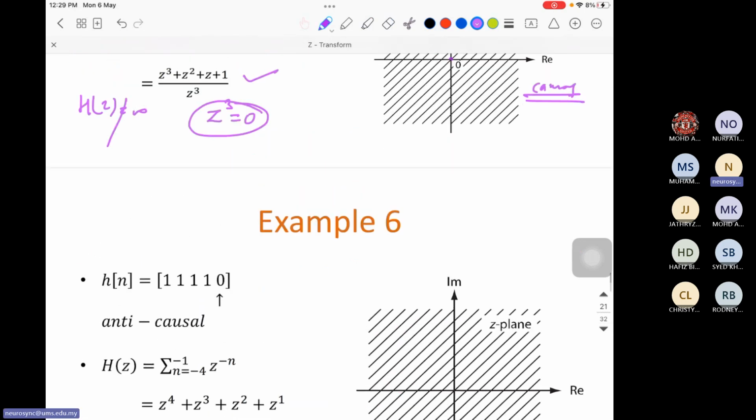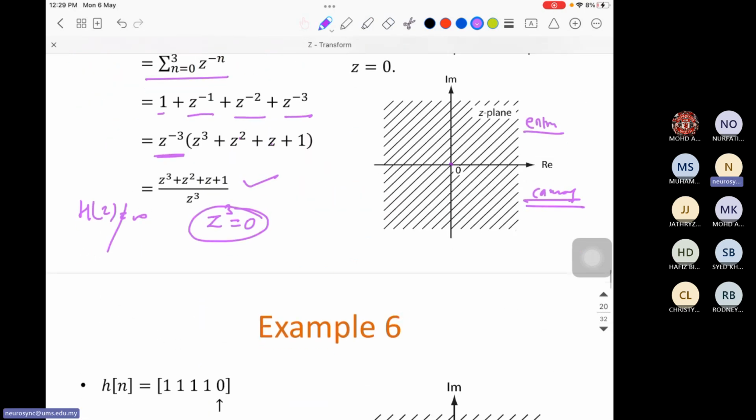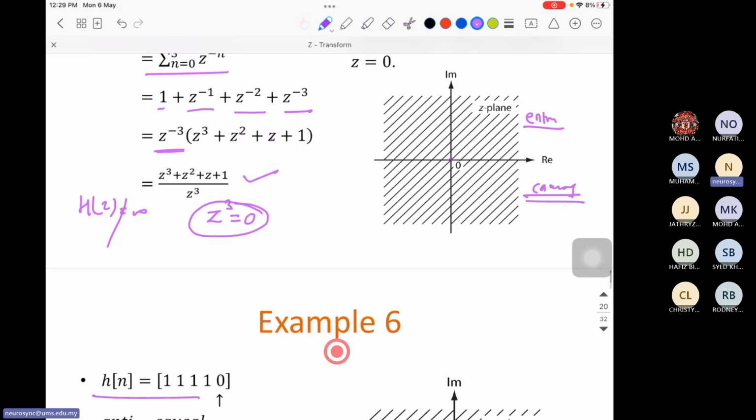Now can you find out for this h(n)? This is the given h(n). Can you tell me whether the system is causal, anti-causal or non-causal? Yes, students. Now the arrow is at the last value, so this is n equal to 0. So this is minus 1, minus 2, minus 3, minus 4.